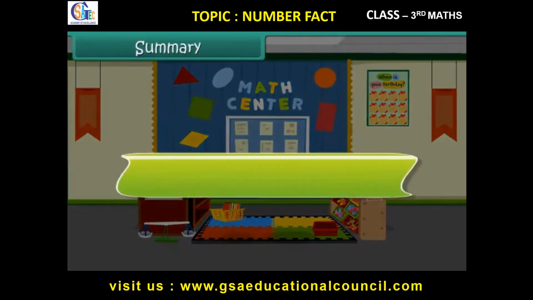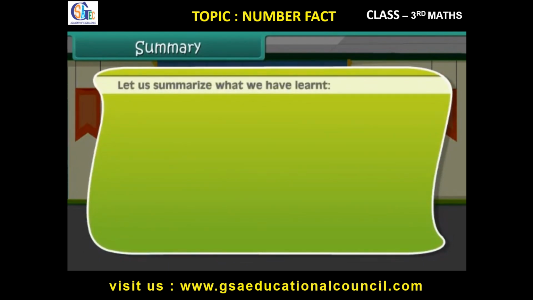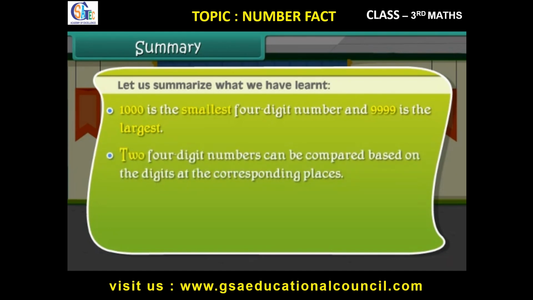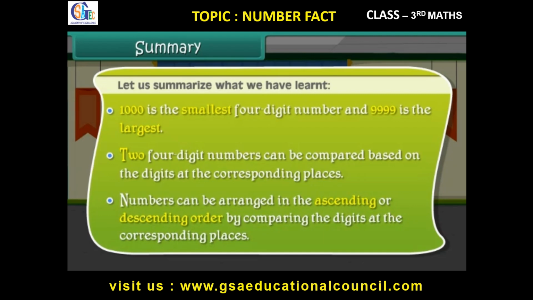Summary. Let us summarize what we have learned. 1,000 is the smallest four-digit number and 9,999 is the largest. Two four-digit numbers can be compared based on the digits at the corresponding places. Numbers can be arranged in ascending or descending order by comparing the digits at the corresponding places.